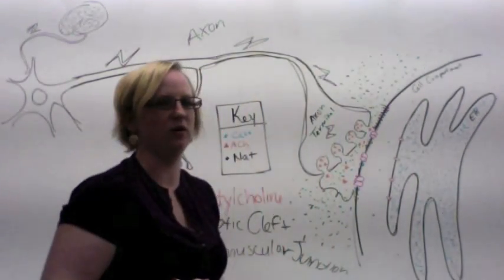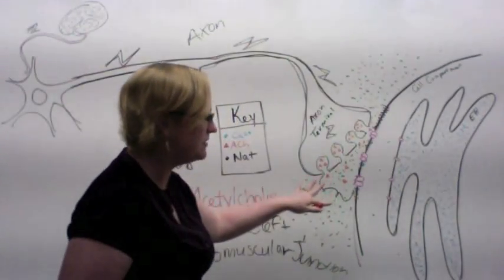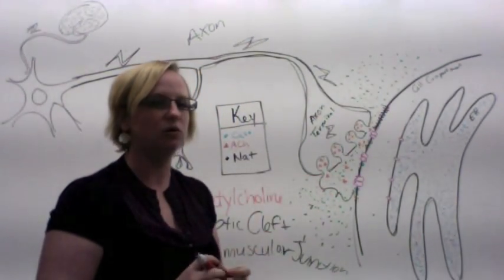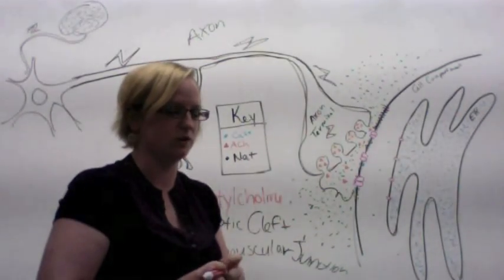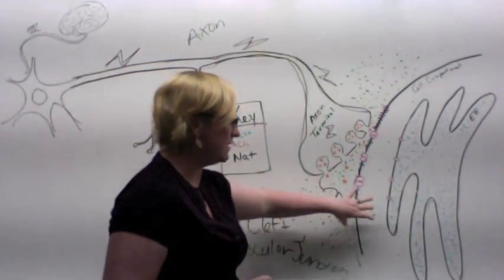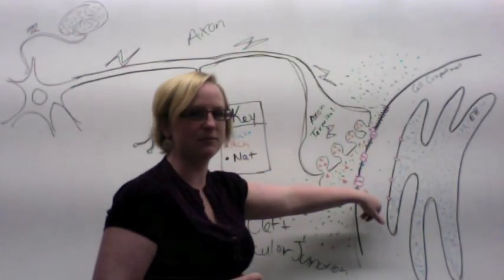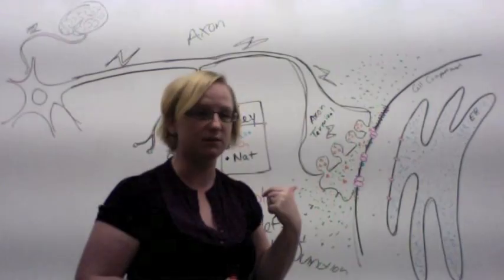Why is that a big deal? Why do we care? When the acetylcholine gets released into the synaptic cleft, it can interact with acetylcholine receptors. If you've taken Bio 110 or Bio 101, which hopefully you have, and hopefully you've discussed this in class a little bit as well, whenever you want a cell to do something, you have some kind of receptor on the surface that interacts with either a protein or some kind of molecule, in this case a neurotransmitter.